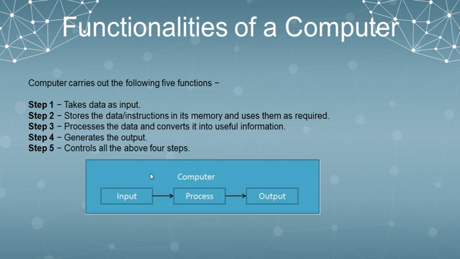Okay, so basically you can understand that a user, I mean a person like me, can input the data. Suppose I am going to write a Word file, so I will use the keyboard and type on it.